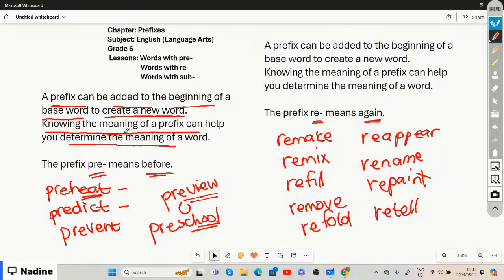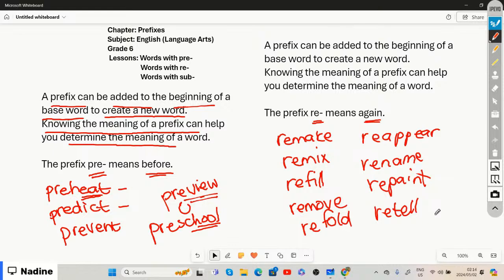So knowing, for example, that pre means before and that re means again will help you to determine the meaning of the word.